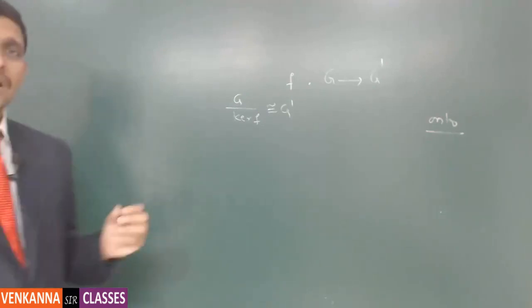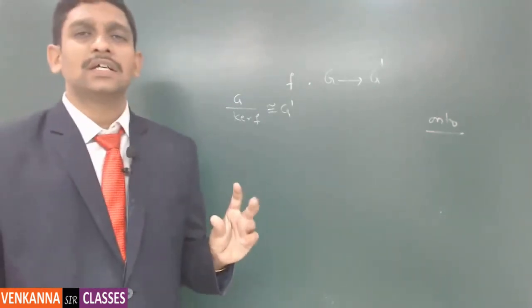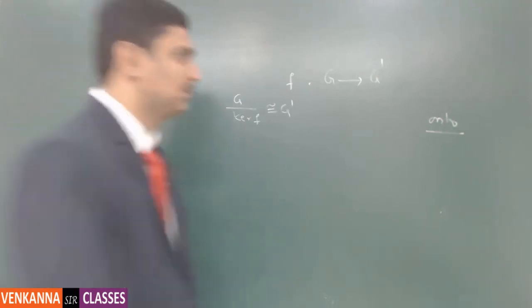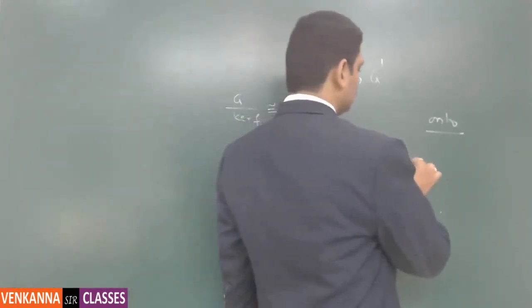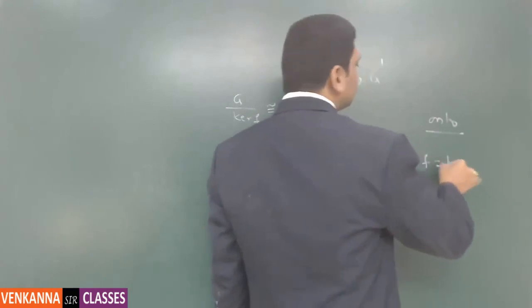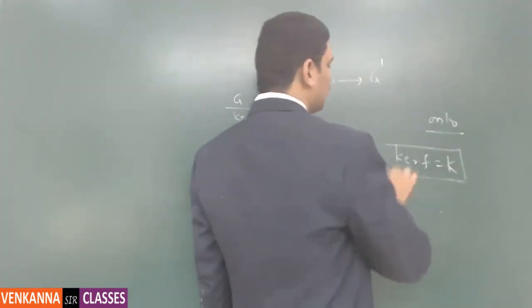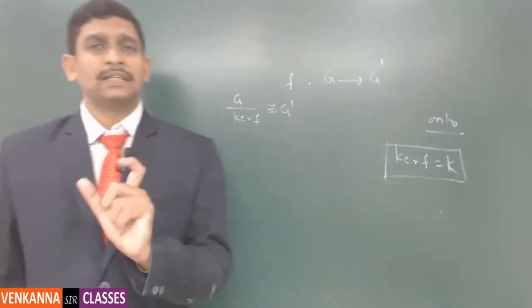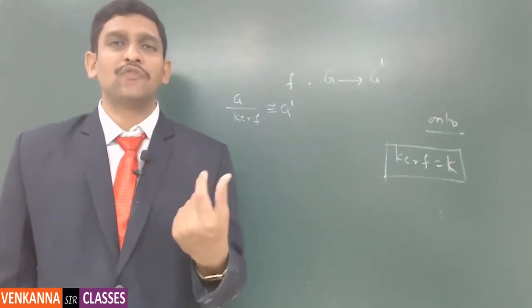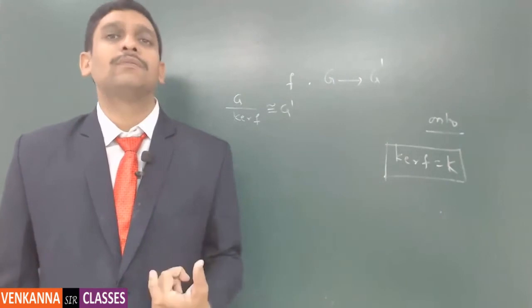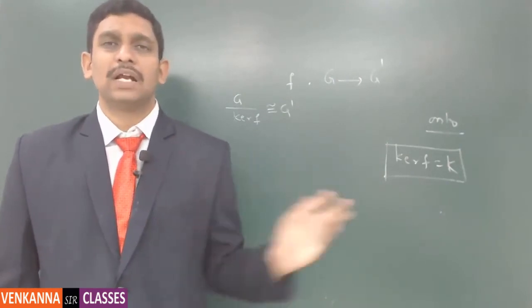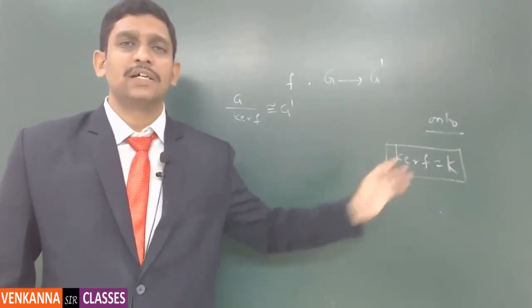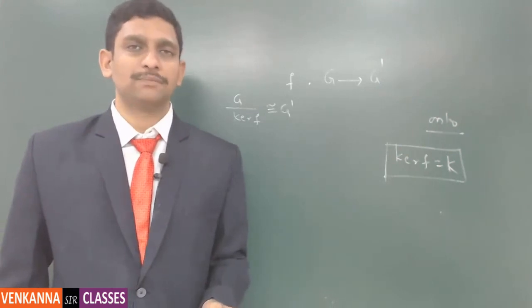So for notational convenience, he used the symbol kernel F is equal to K. Every time writing kernel F gives me confusion while reading the proof. So I am using the symbol K to stand for the kernel of the homomorphism.